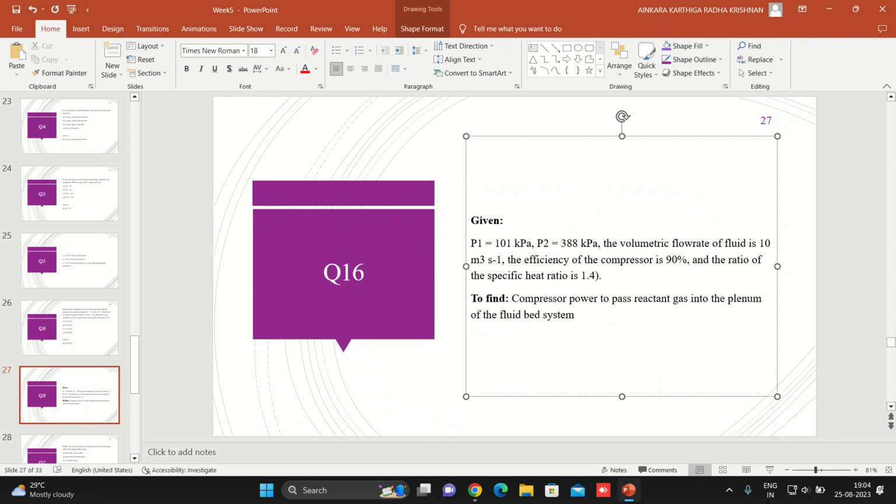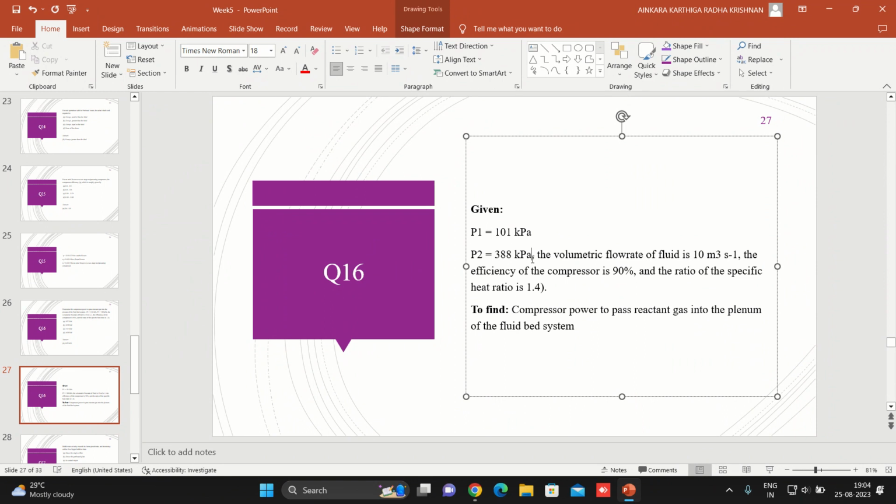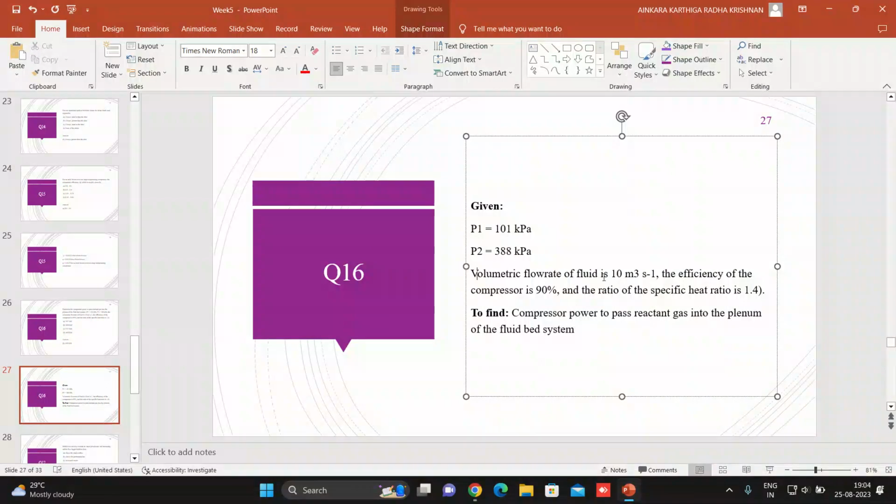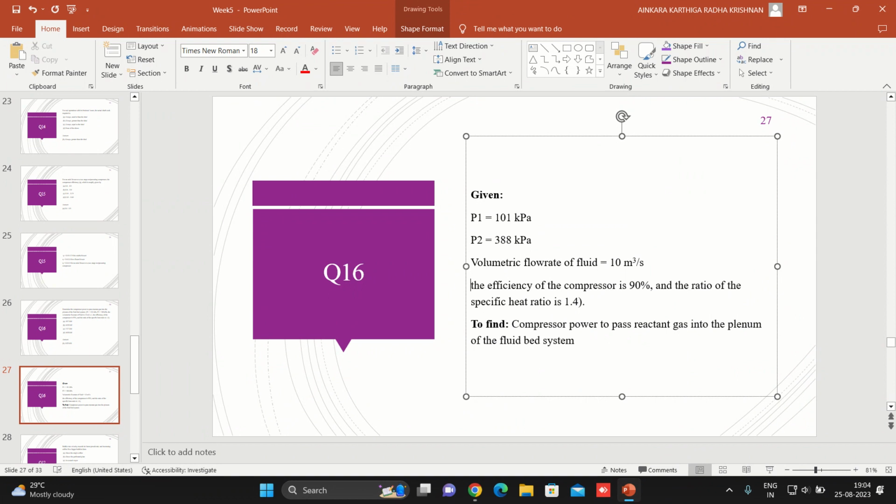P1 is 101 kilopascal, P2 is 388 kilopascal, volumetric flow rate of fluid is 10 meter cube per second, efficiency of compressor is 90 percent.